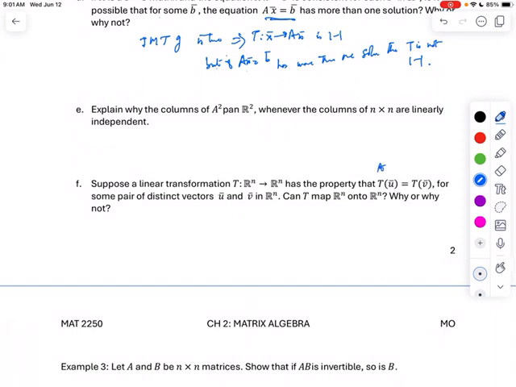So note here, from IMT A, columns are independent. We start here. The columns of A are linearly independent.